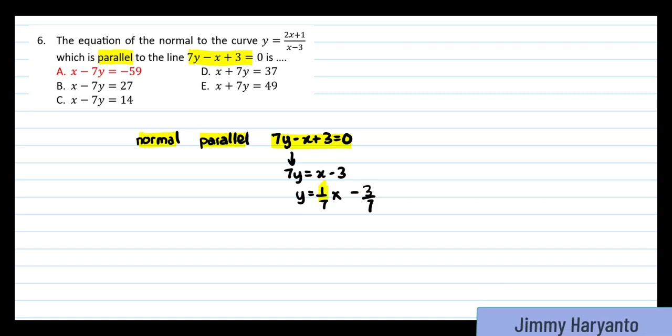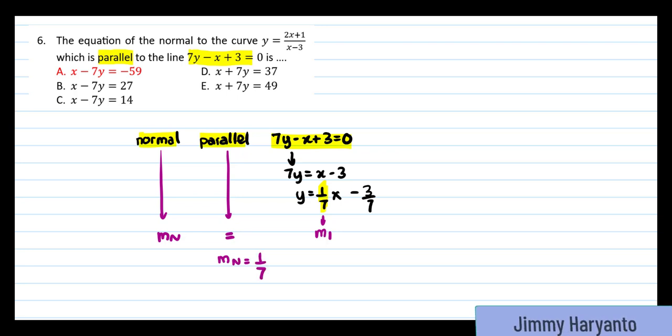That means the gradient of the line is this one, the first gradient. And then by using the word of parallel, we know that the gradient of normal will be equal to, because parallel means equal to m1, the gradient of normal will be 1 over 7.